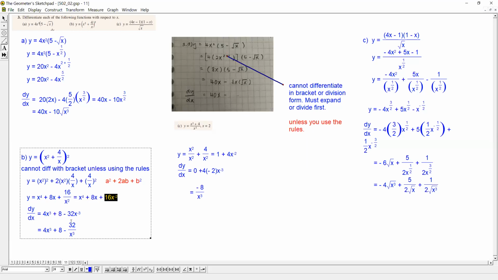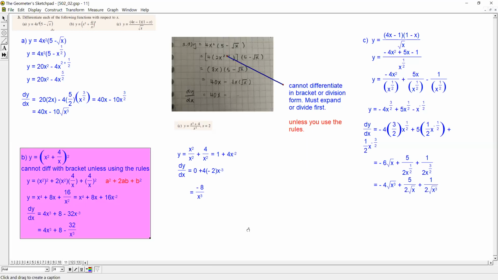So we have -32 here. Then the index -2 minus 1, then it becomes -3. So this will be the answer already, right? But if you want to write it properly, write in this form. With the negative index, you bring it to the bottom.